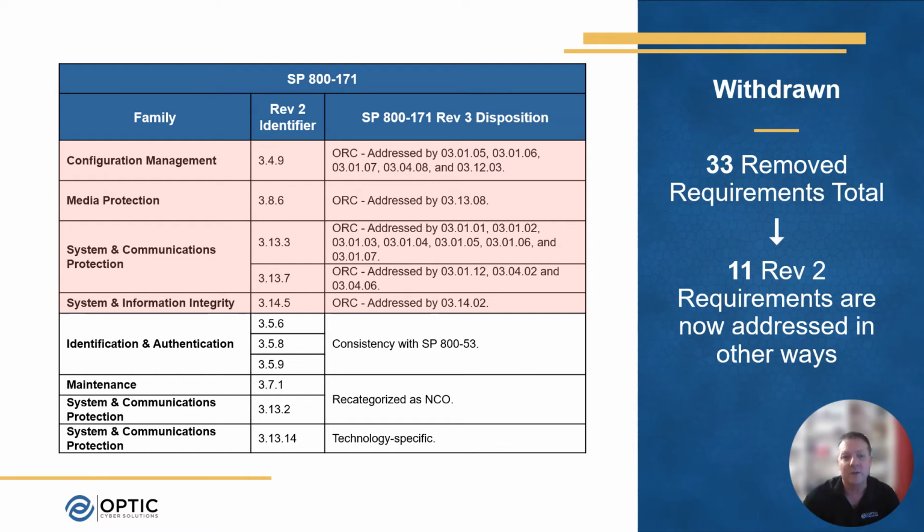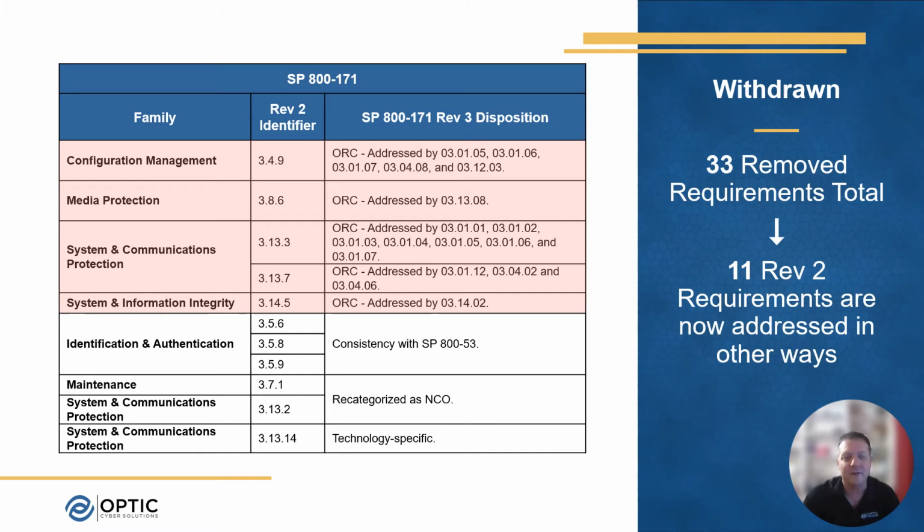These requirements were removed from revision 3 of 800-171 simply because NIST deemed that the capabilities were already included in other requirements. And the new tailoring criteria for ORC, which basically means that the requirement was pretty much already being implemented in other requirements and therefore was seen as being duplicative by including them.